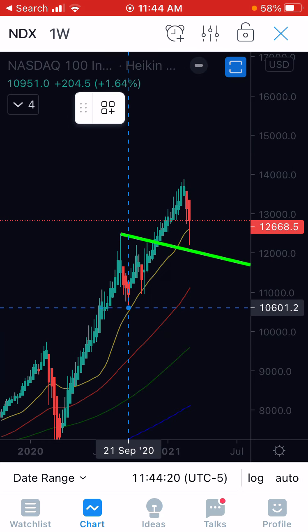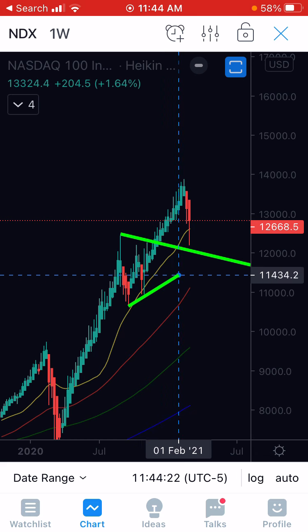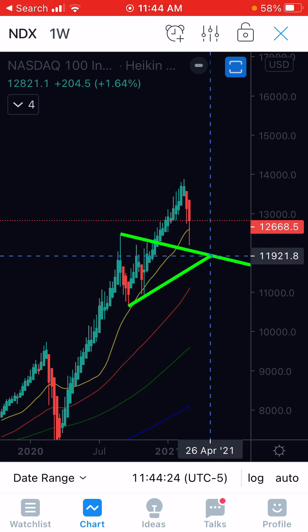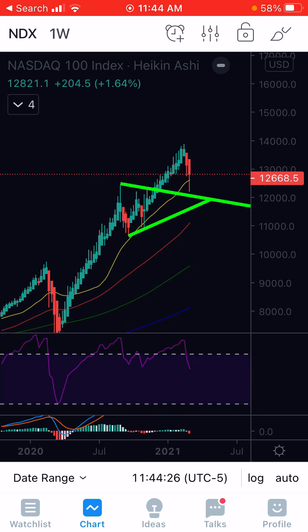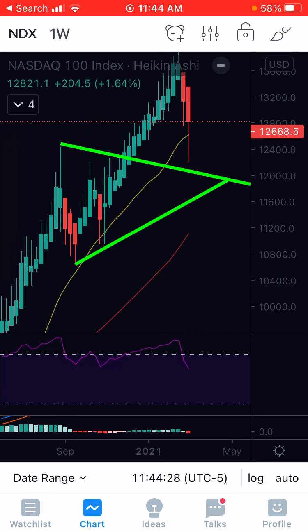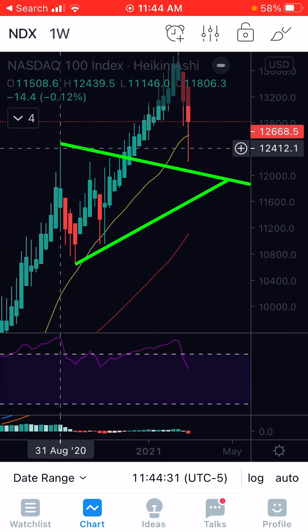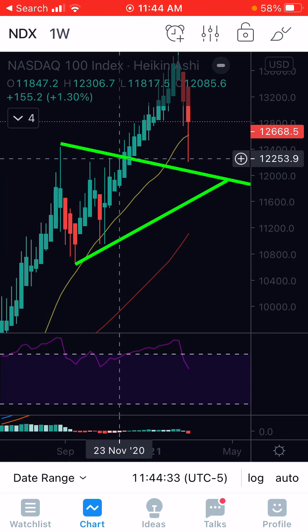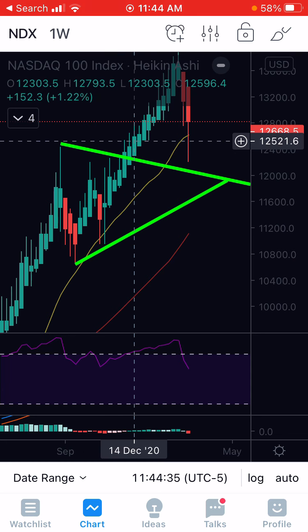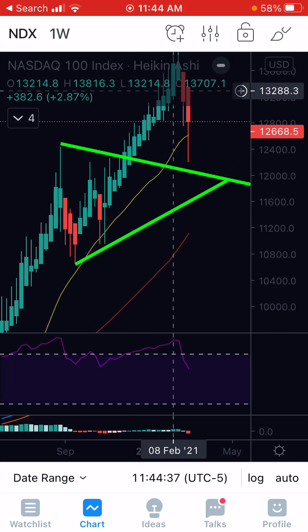And then we go maybe off of these two wicks here, and we do something like that. What do we have? A big pennant here based off of this wick and this wick here that it came up to. And when it finally broke this trend line here, we took off.